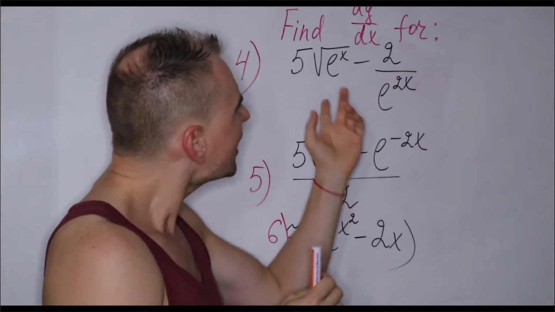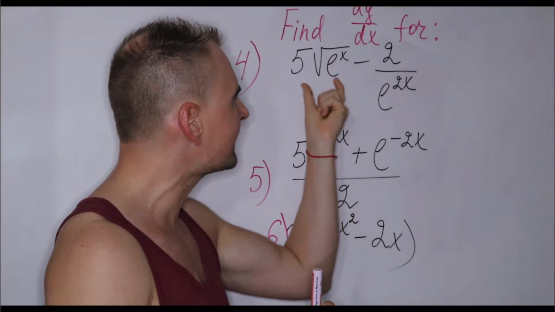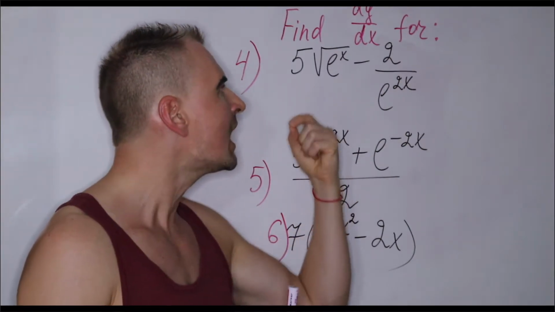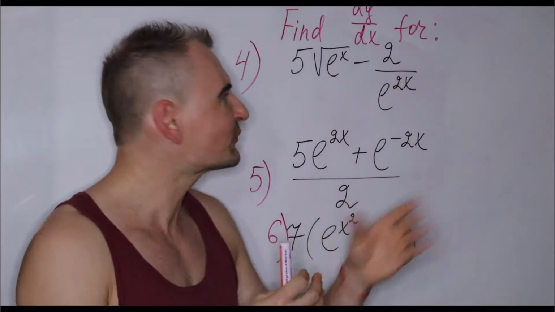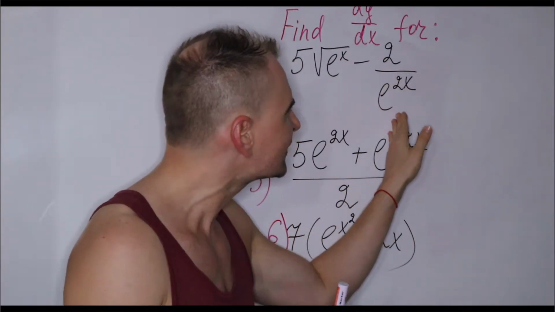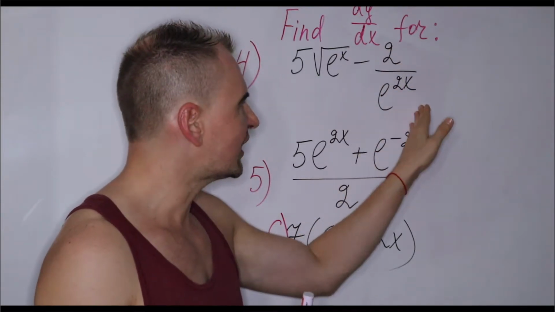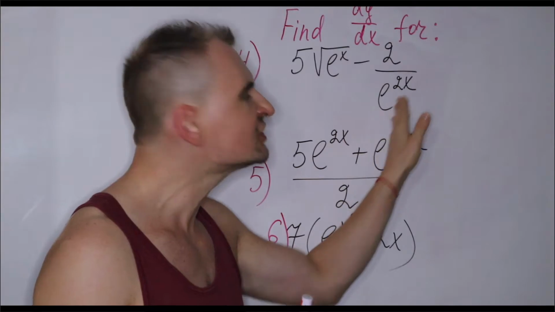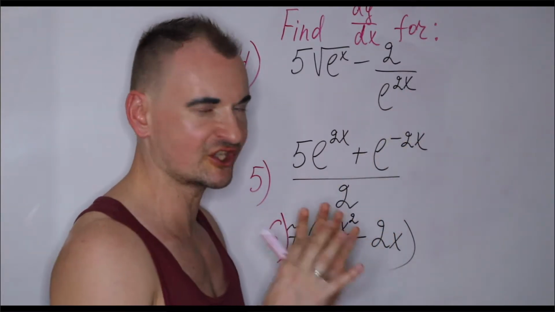Since you are given the square root of something, you have to apply the chain rule to the first one. And you have to apply the chain rule for the second chunk too, since you are given 2 over a function, and it's not just e to the x, it's e to the 2 of x, but I will get into this in a while.